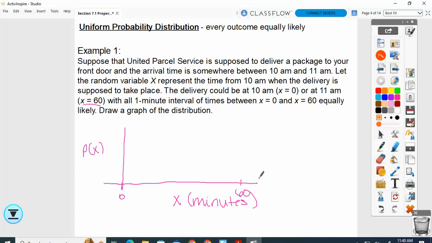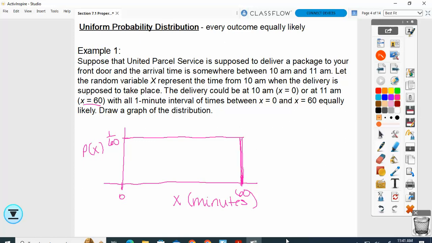60. So the probability of them coming at any given time is 1 over 60, because it said everything was equally likely. Okay, and you could draw like little rectangles, but it said it was uniform. Everything had the exact same probability. So if I looked at this, my uniform distribution just gives me a rectangle.